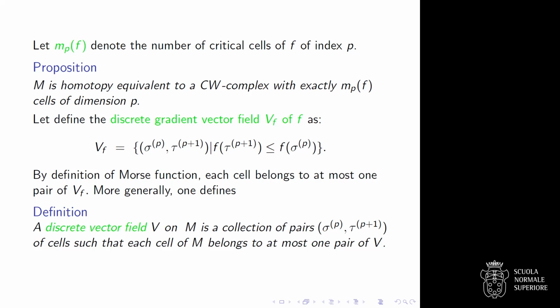So let's define the discrete gradient vector field V_f of f. This is given by all the couples sigma_p, tau_{p+1} on which the value of f on tau_{p+1} is smaller or equal than the value of f on sigma_p. So to go from f to V_f is very easy.